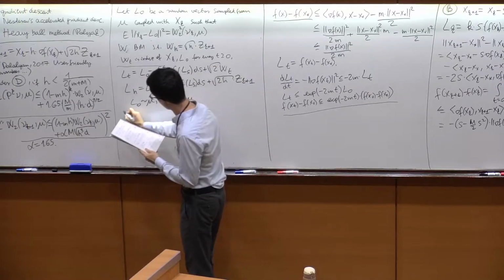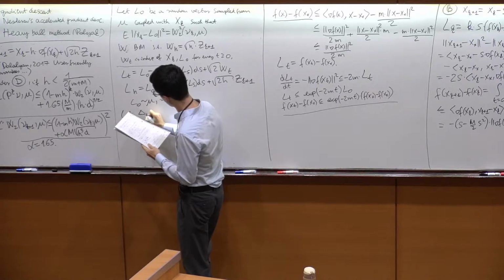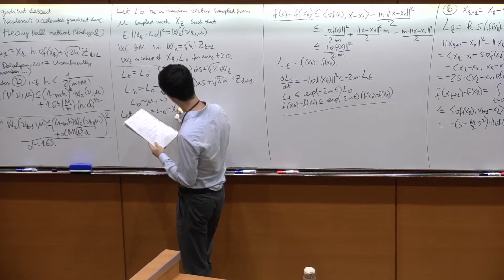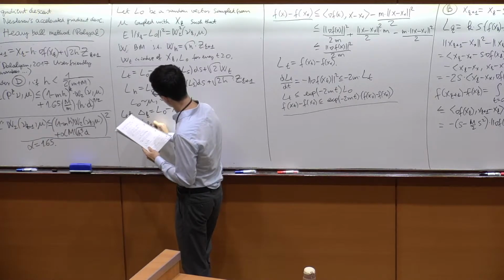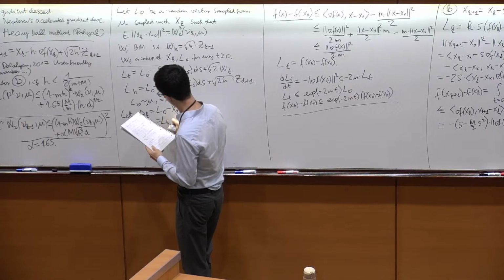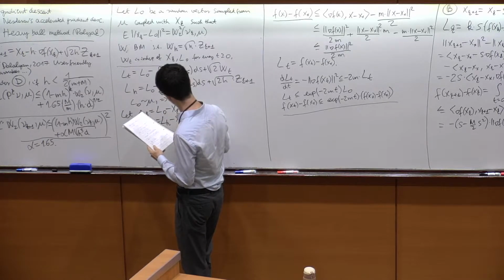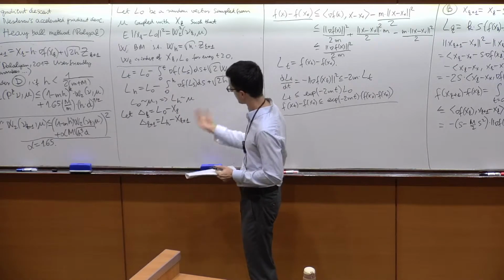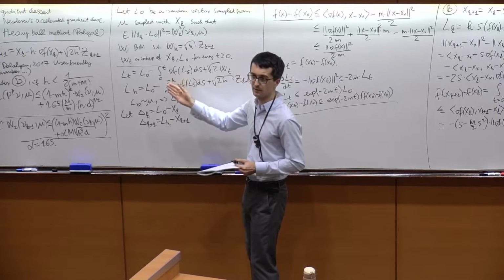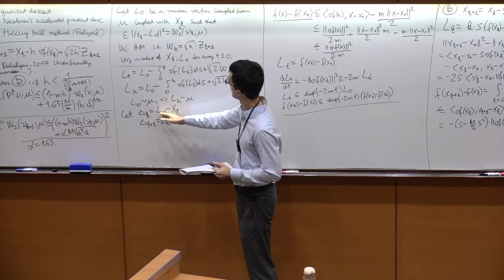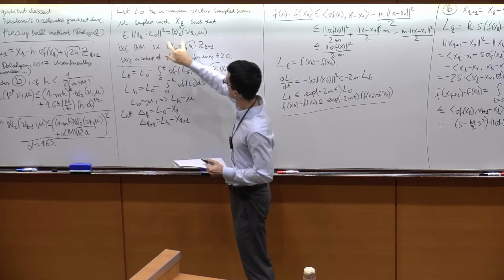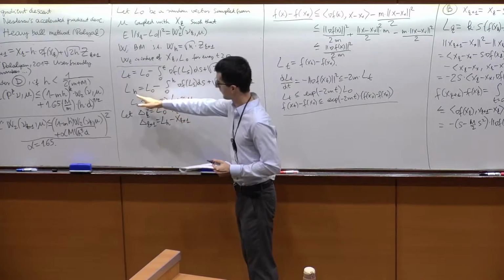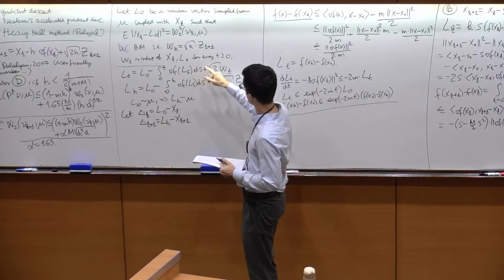Now let delta_k be the difference between L_0 and x_k, and delta_{k+1} the difference between L_h and x_{k+1}. Just to remind you, L_0 and L_h are both distributed according to mu. L_0 is coupled together with x_k by the optimal coupling, and we have defined L_h to be driven by this diffusion.